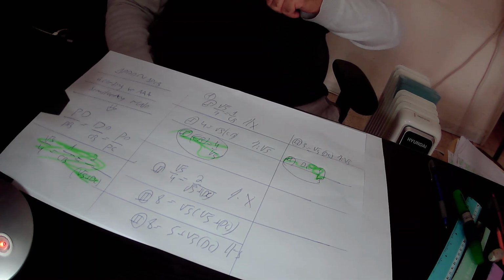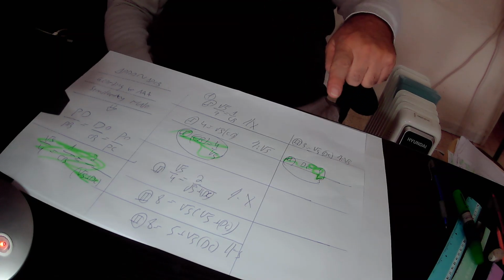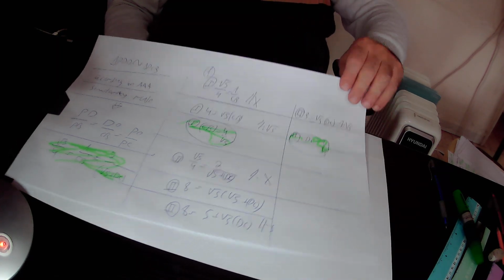Dividing by square root of 5, DC equals 3 over square root of 5 units in length.